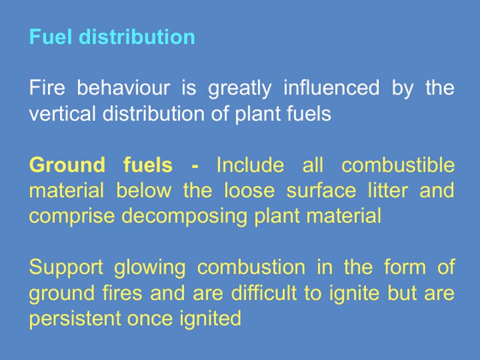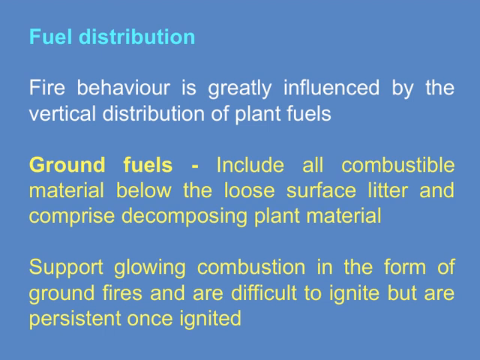These ground fuels are crucial because they support glowing combustion, often seen as ground fires. They are notoriously difficult to ignite initially, but once they do catch fire, they can be very persistent. This persistence makes them particularly tricky to manage because they can smolder underground for long periods, reigniting the surface fires later.